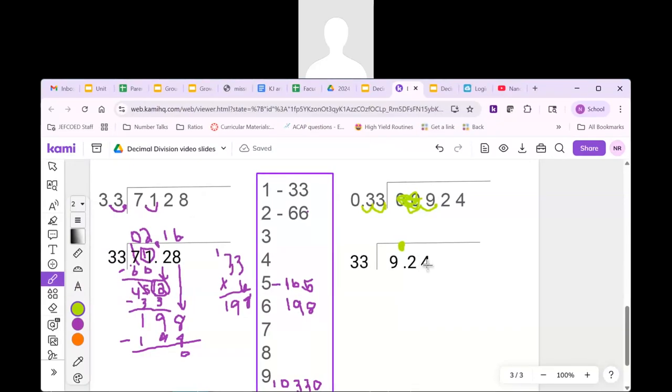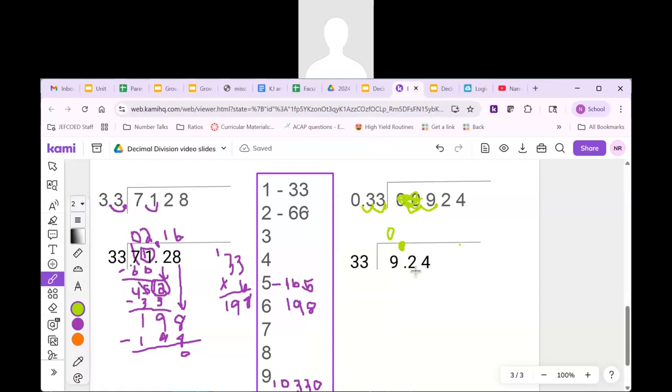So my answer must be, because my dividend is smaller than my divisor, less than 1 whole. So I know this should be 0 because my answer has to be on the right of the decimal. Okay, so let's look. Sure enough, I can get 0 groups of 33 out of 9.